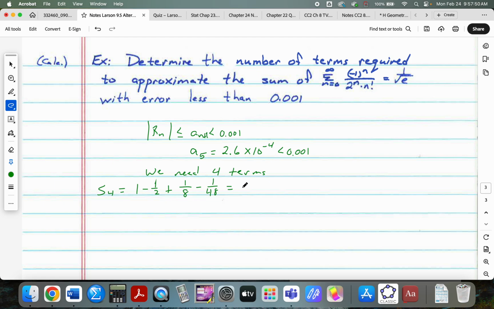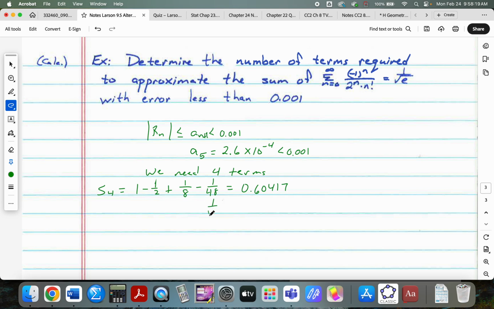Let's see what that comes out to be. 1 minus 1/2 plus 1/8 minus 1 over 48 is 0.60417 approximately.